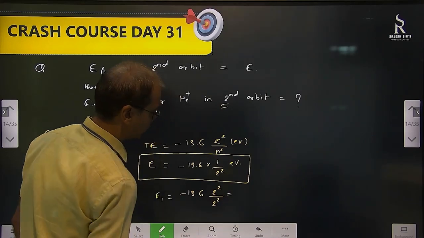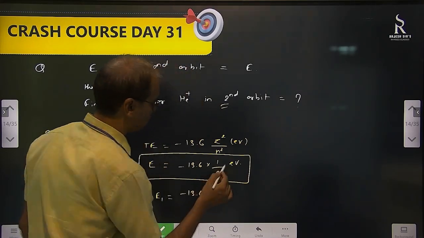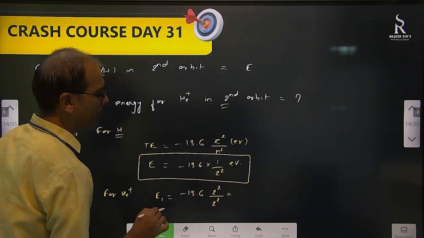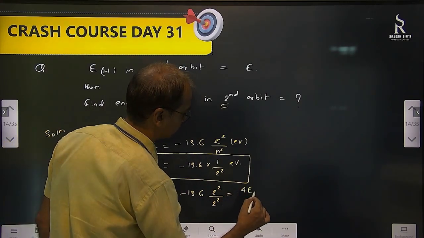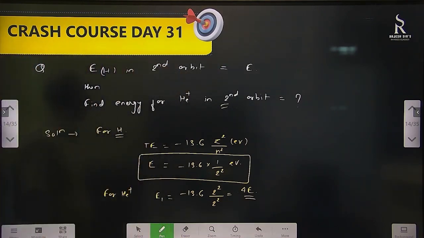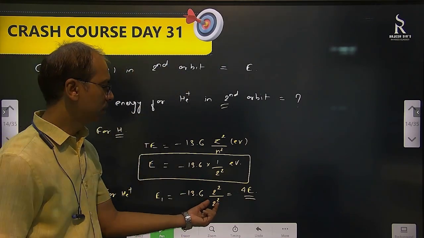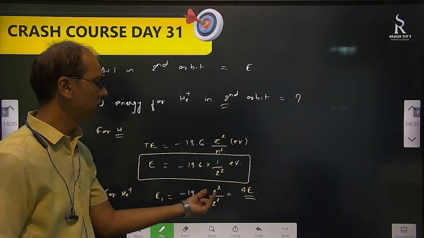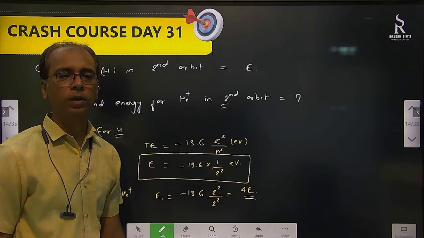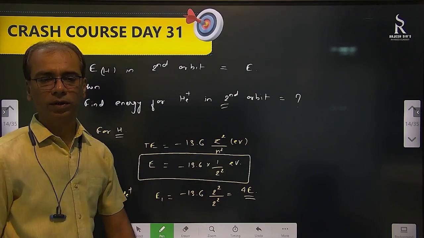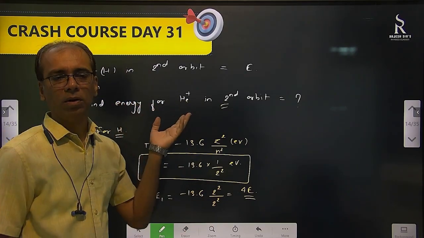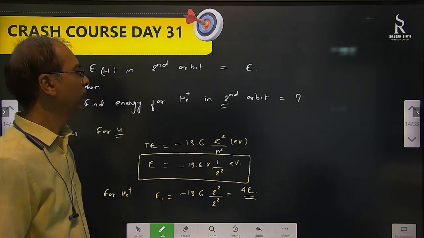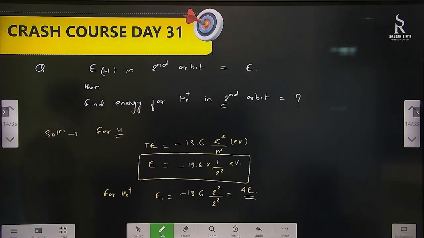This is minus 13.6 times 4 by 4. If the hydrogen one is E, then this is 4E, because 13.6 by 2 square is what we call E, so we multiply by 4. They can ask you helium in the second orbit, or third orbit, or fourth orbit, or fifth orbit. Like this, they can ask you the relation between them.